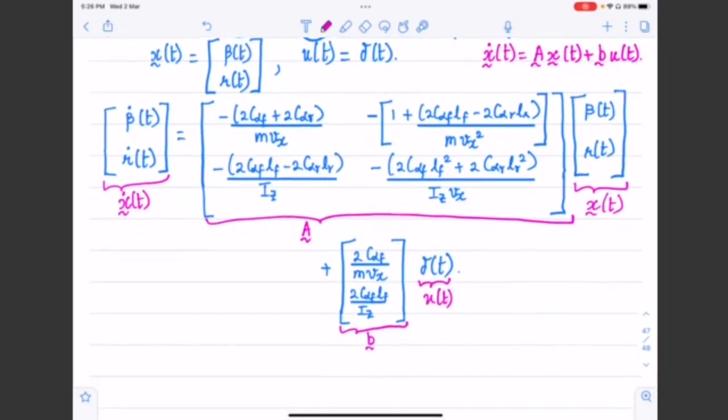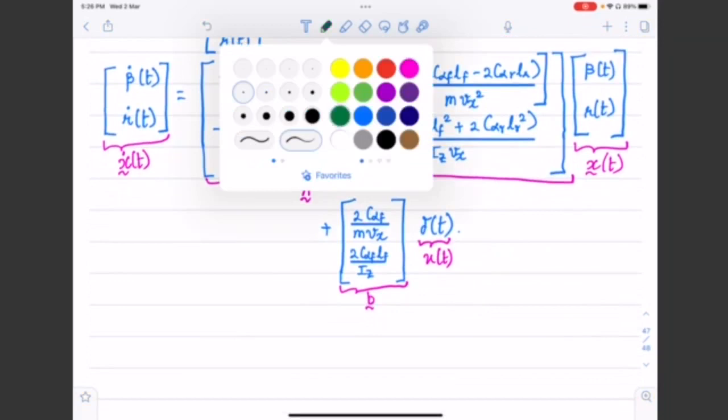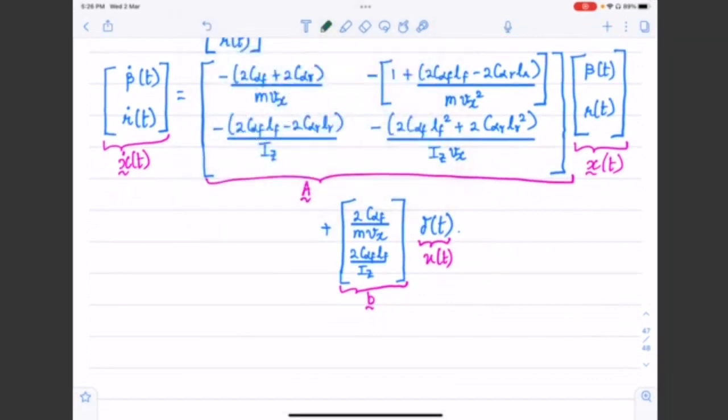Okay, so I hope it is clear in which direction we are proceeding. And as we know, the eigenvalues of the state matrix are the roots of the characteristic polynomial, the determinant of lambda I minus A. So we are going to calculate the determinant of lambda I minus A.